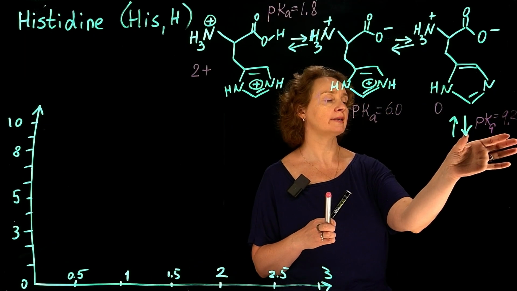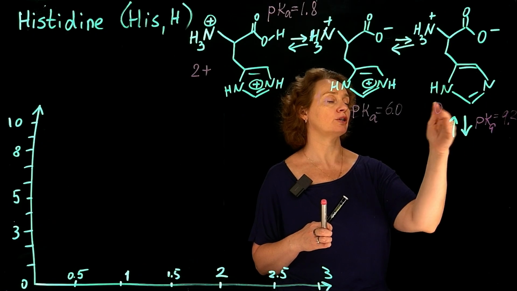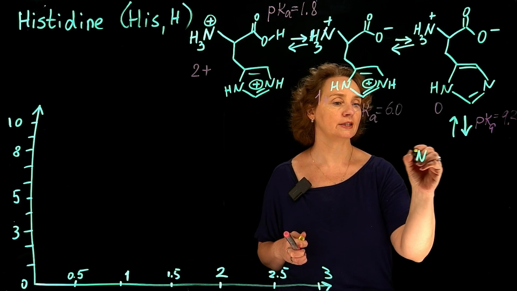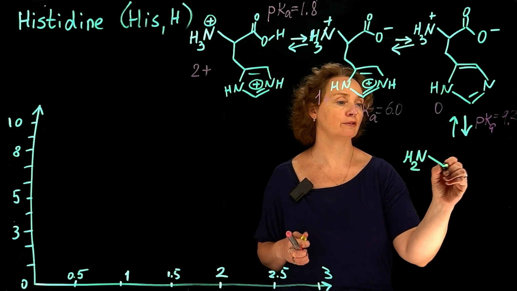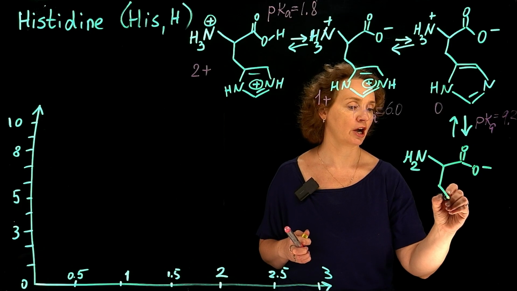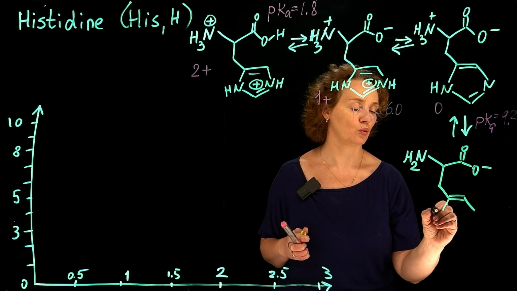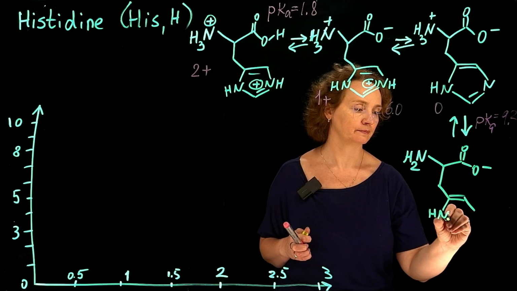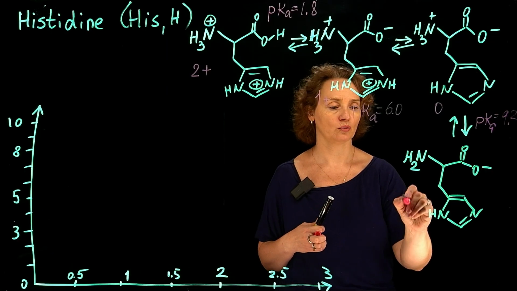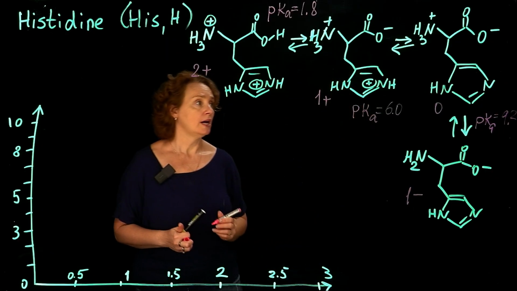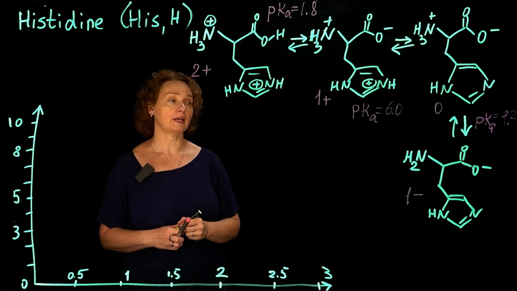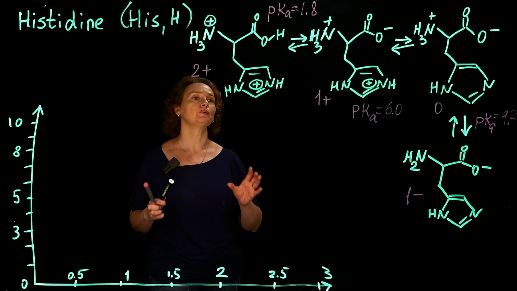So if we have a pH of the solution higher than that, the predominant form of histidine would be that fully deprotonated form with a net charge of 1-.